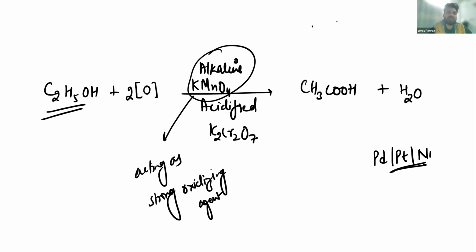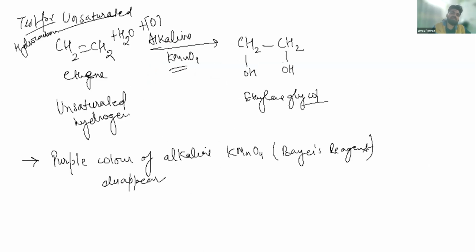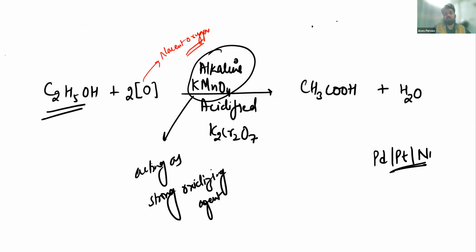So you need to keep in mind that they are not acting as a catalyst, and this is known as nascent oxygen. Now moving to the next part: what is the proof that the alcohol is being oxidized?